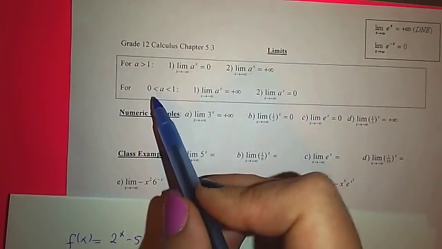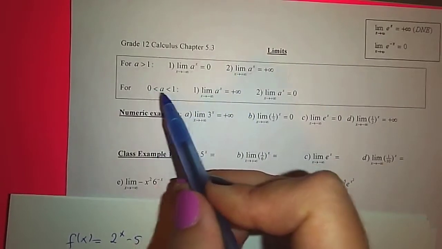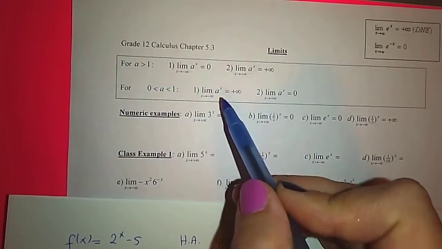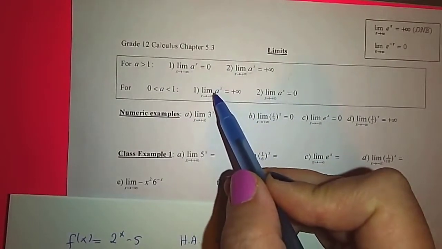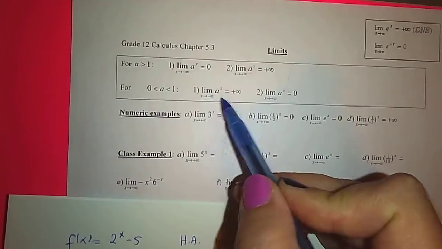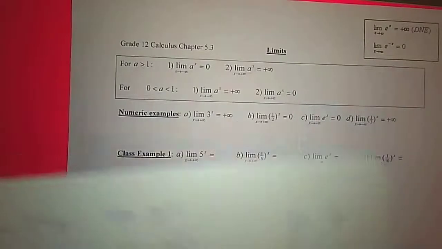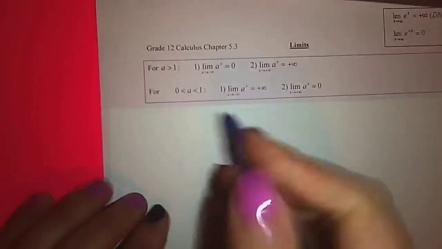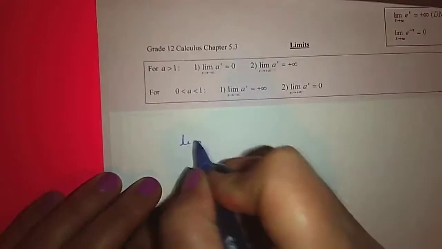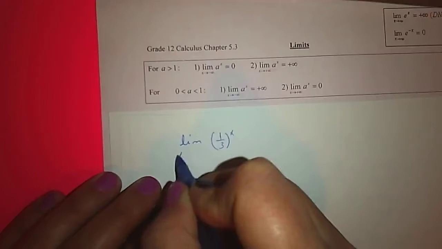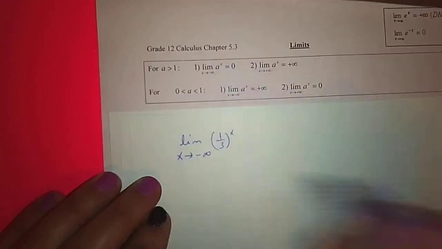How about if you have a base that is between 0 and 1? So those are exponential decays. In this case, limit of a to the power of x as x approaches negative infinity equals positive infinity. So let's try this. Let's say we have limit of 1 over 3 to the power of x as x approaches negative infinity.